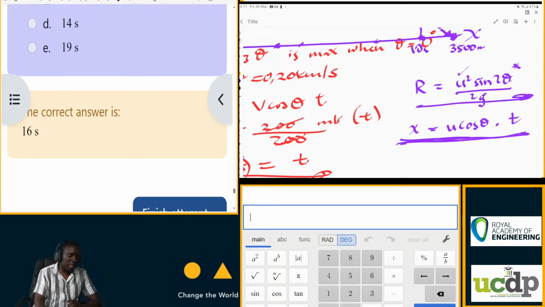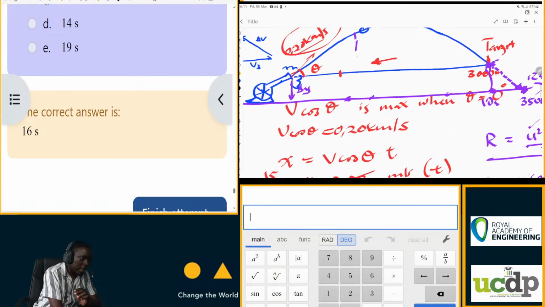It's something that I've seen. You need to be careful when you are calculating your range. Range is usually when you land at the same horizontal position as the launch position or launch height. Any other position, we don't call this range. This is not range; this is just a horizontal displacement.